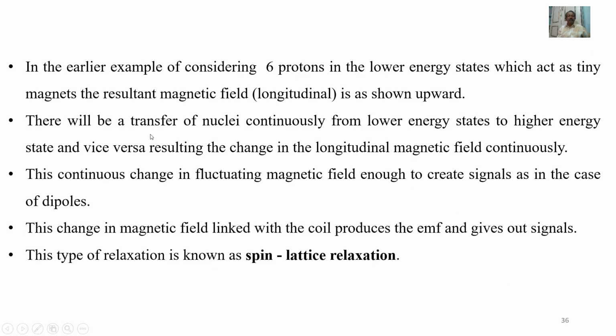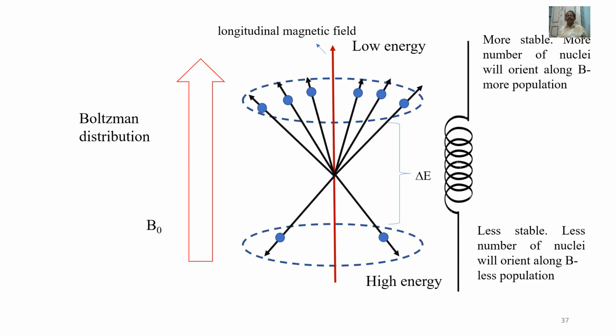There will be a continuous transfer of nuclei from low energy states to high energy states and vice versa, resulting in a change in the longitudinal magnetic field. The strength of the longitudinal magnetic field will appear, and after some time it will disappear.